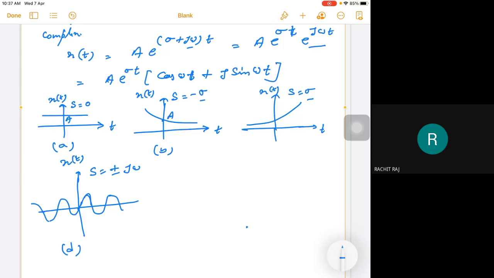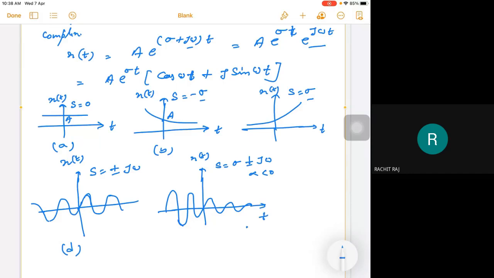In the second case, when you are considering s equal to sigma plus minus j omega, but the condition is alpha less than 0, you will get the sinusoidal but in a decreasing manner, in this manner.